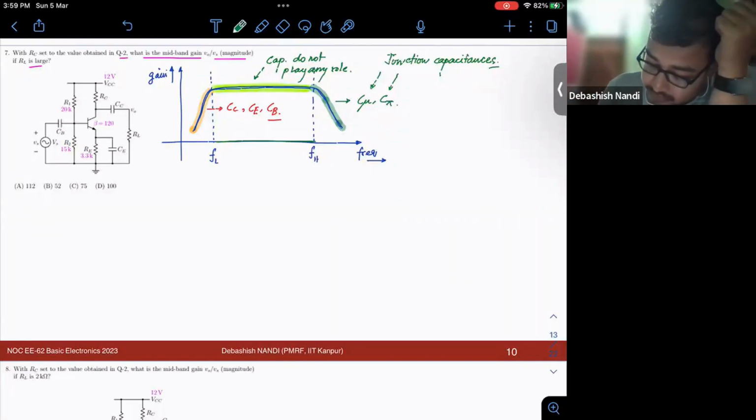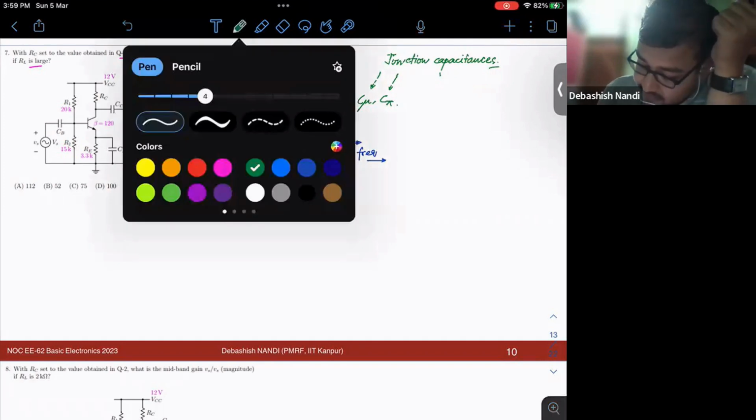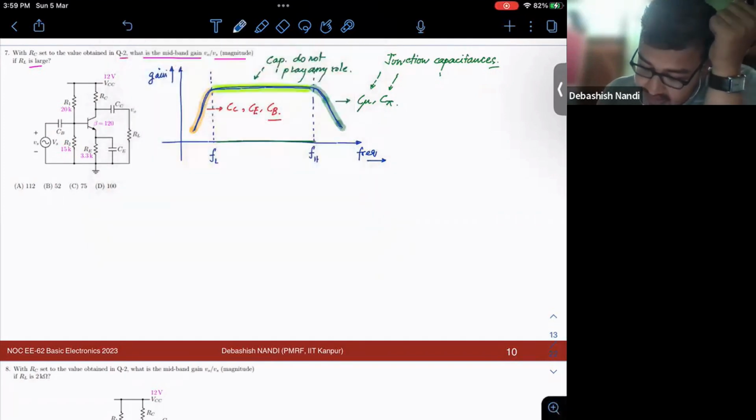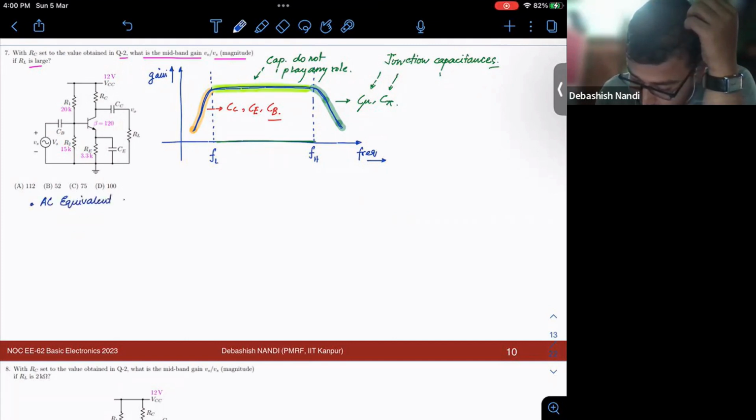So if that is the case, then we are asked to find the mid-band gain. If I draw the equivalent circuit, what will it look like?